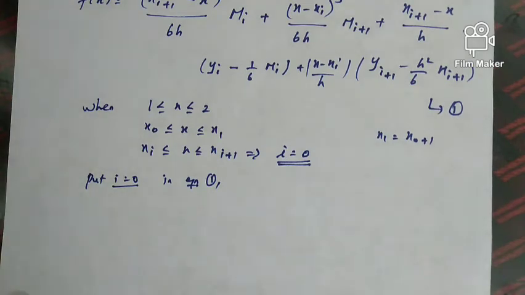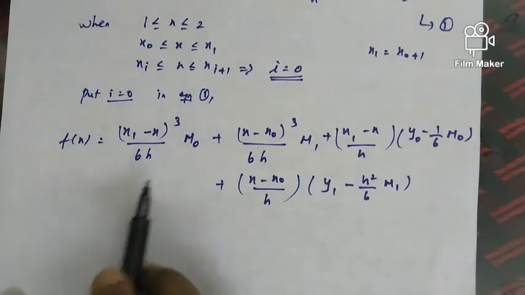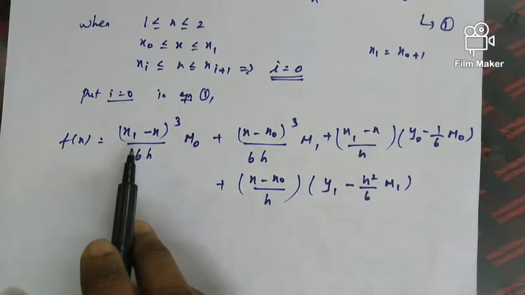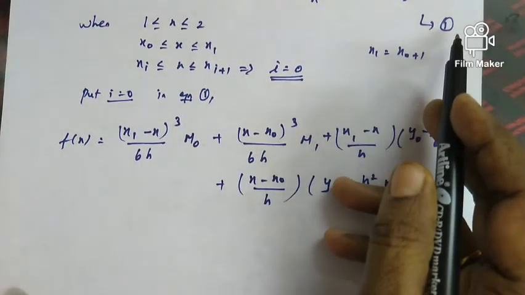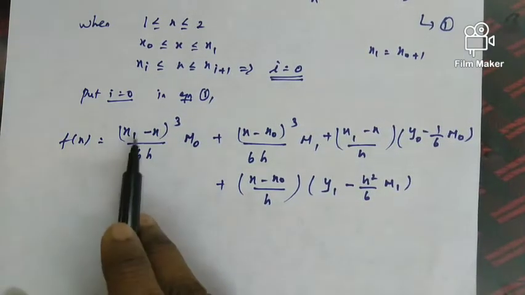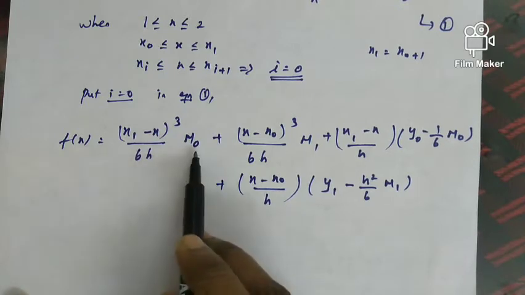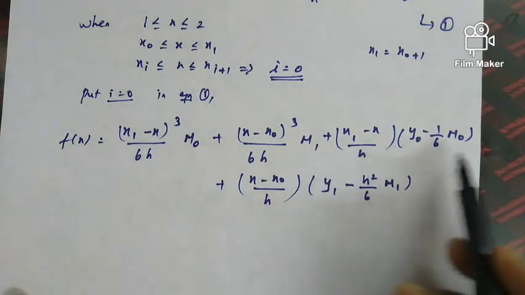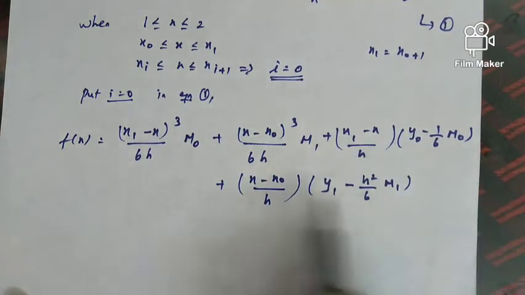So now we are going to substitute i equal to 0 in equation 1. The spline equation becomes (x1 minus x) whole power 3 by 6h into m0, plus (x minus x0) whole power 3 by 6h into m1, and so on.